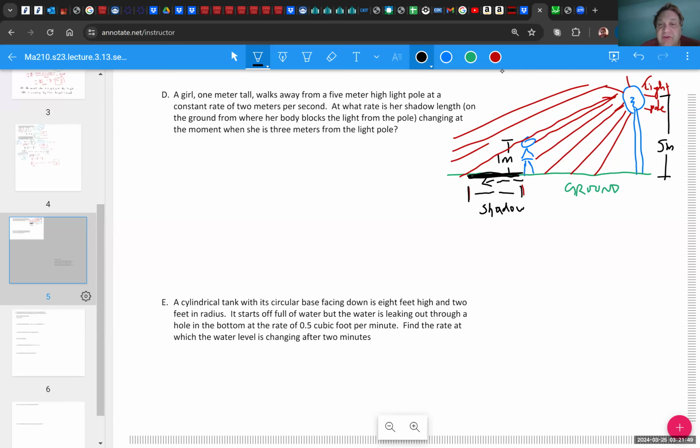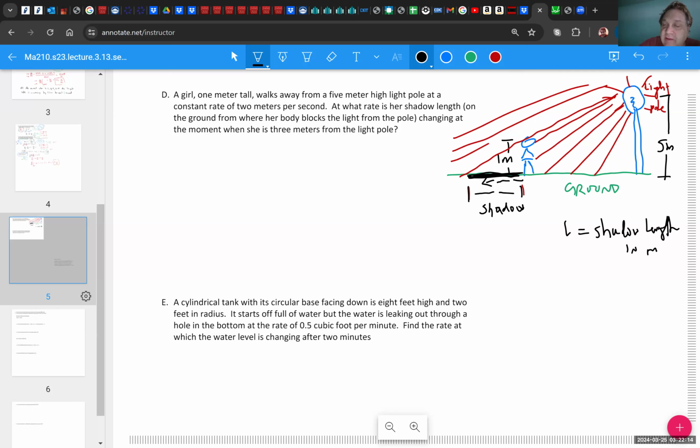At what rate is her shadow length on the ground from where her body blocks the light changing? So it's also getting into a question. It's saying, at what rate is her shadow length changing? So I need some letters. The shadow length is changing, so that's got to be a letter. I'll call that L. It looks like we're doing things in meters, so I'll do meters.